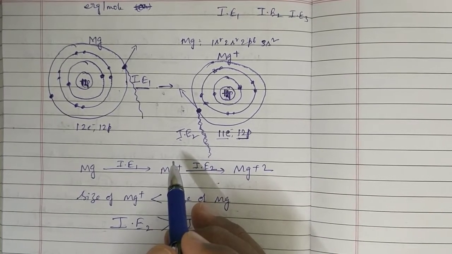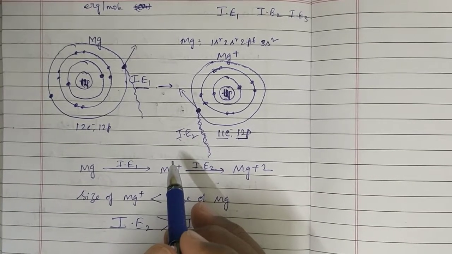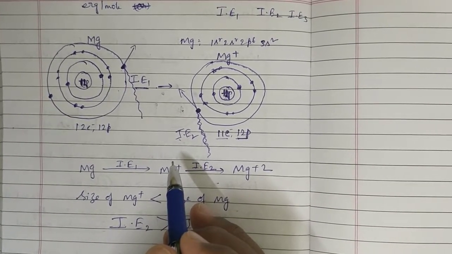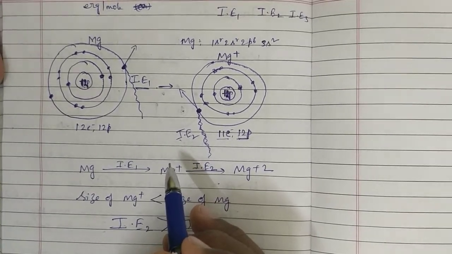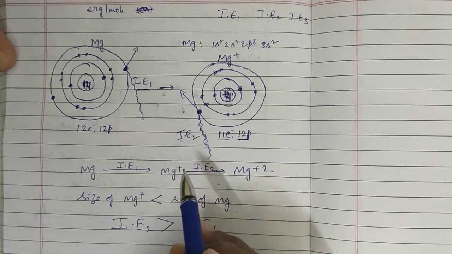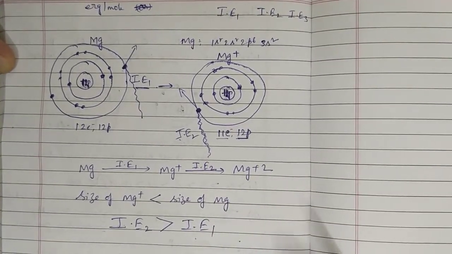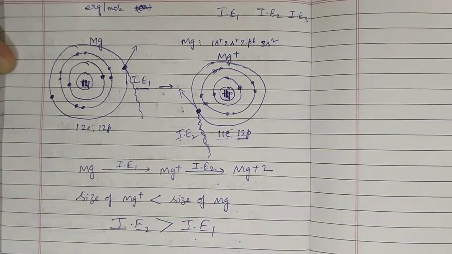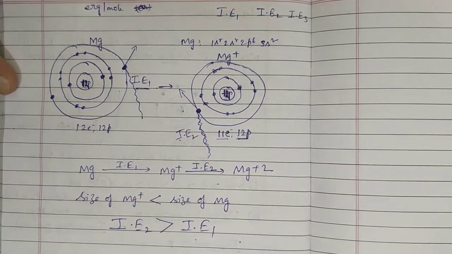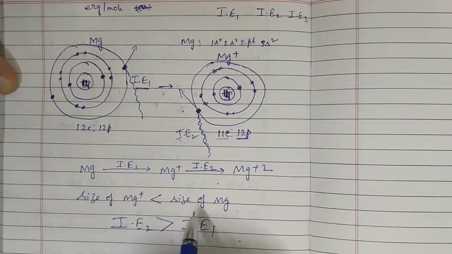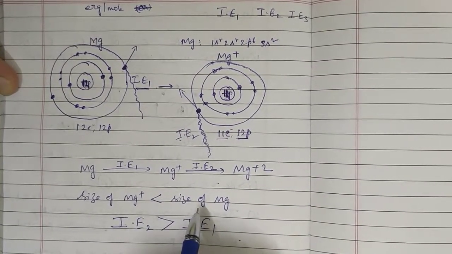Energy required to remove the electron from unipositive ion is greater than energy required to remove the electron from neutral atom. I hope you are clear, because cation size is smaller than neutral atom. So every time remember the term carefully. Size of cation is smaller than size of neutral atom.